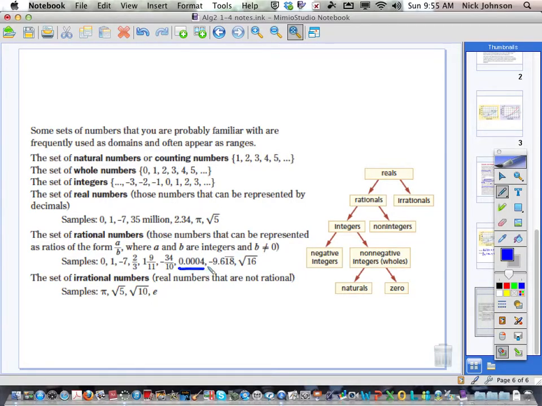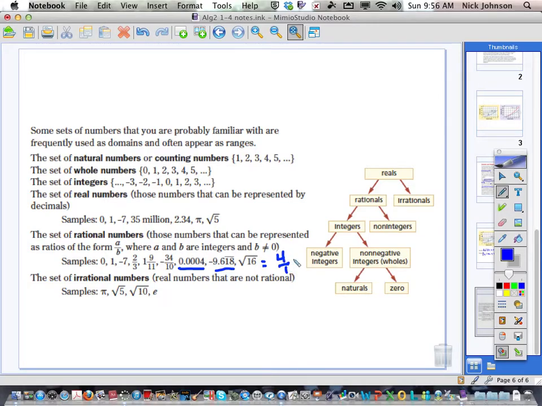Here's a terminating decimal. Here's a repeating decimal. Okay? You can write those as a fraction. Now, someone might be saying square root of 16. Well, what's square root of 16? It's 4. How is that written as a fraction? Well, 4 over 1.